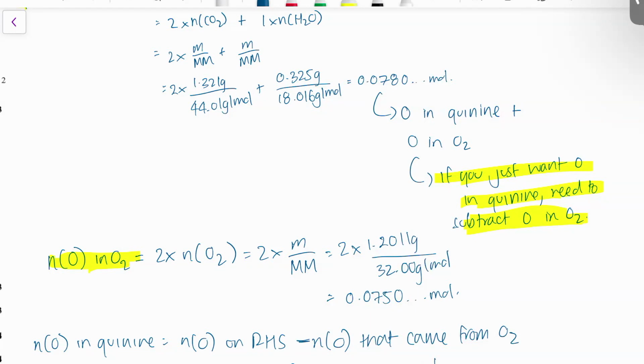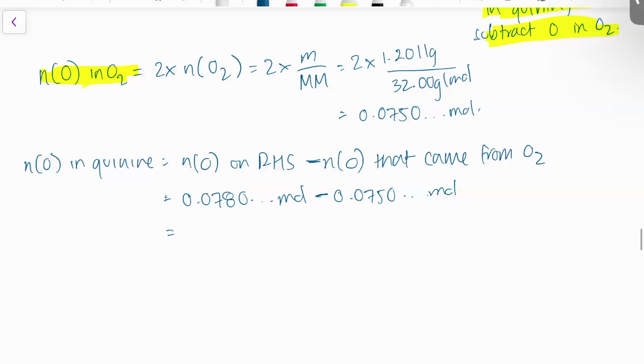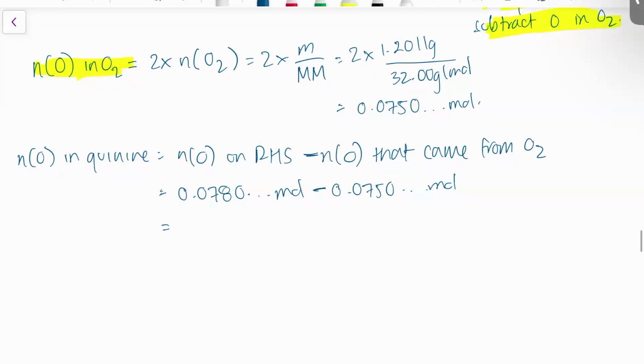I'm going to take over here because some of you stored your numbers and some of you didn't. For this one, it's about 0.003. Okay, so now you've got all four of the elements.